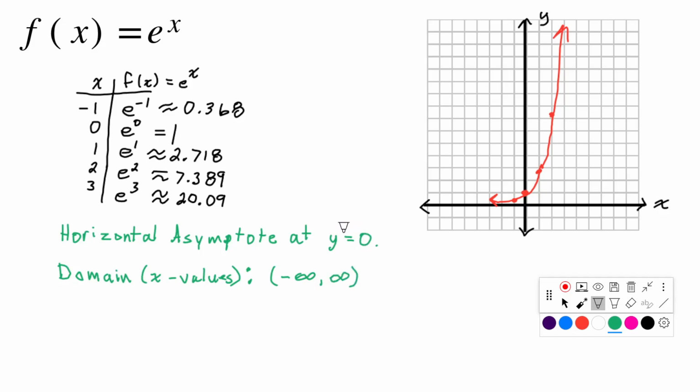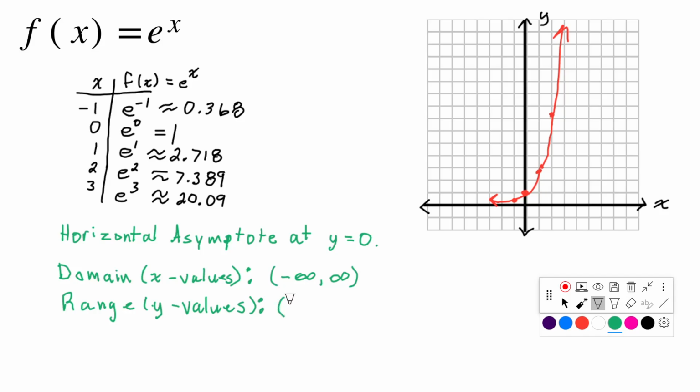Our asymptote helps us with defining our range, which is made up of the y values. We get closer and closer to 0, but we never get to exactly 0.